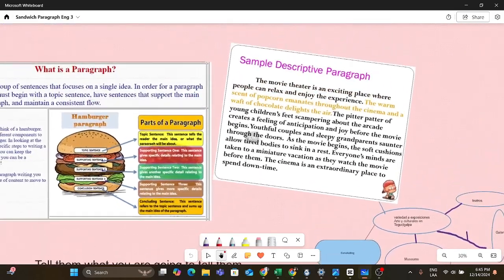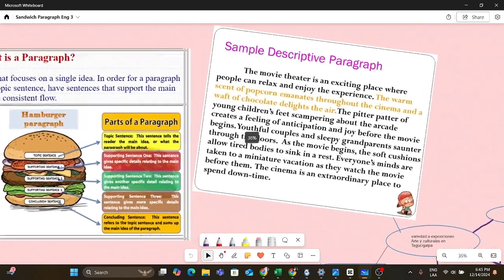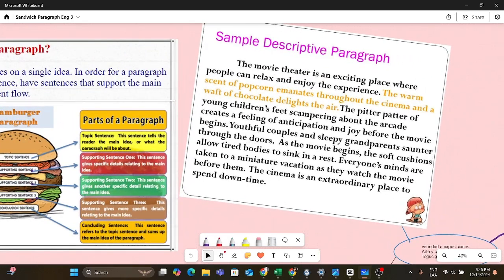Here we have an example of an effective paragraph sample. This is a descriptive paragraph, so we have a lot of adjectives. Remember, we have narrative paragraphs, we can have compare and contrast paragraphs, so we can have different types of paragraphs.